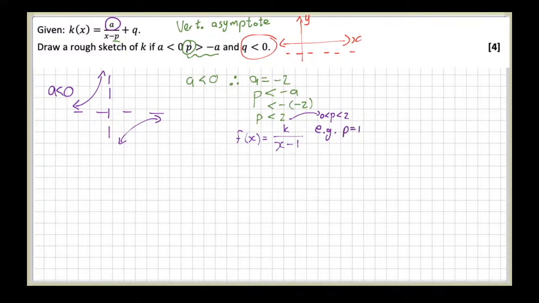Therefore, my vertical asymptote, I'm not concerned much about the actual value, and let's just do the plus q there. I'm not concerned about that. But it means my asymptote lies on the positive side at x equal to 1.